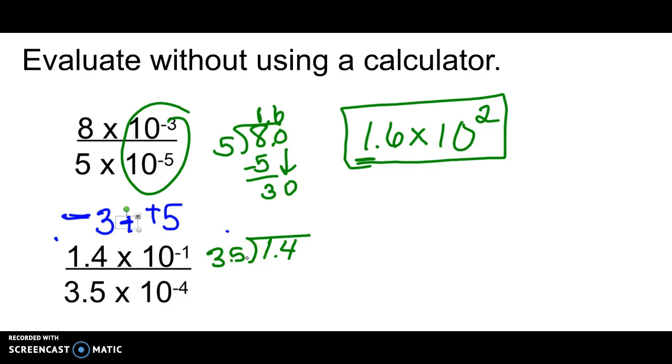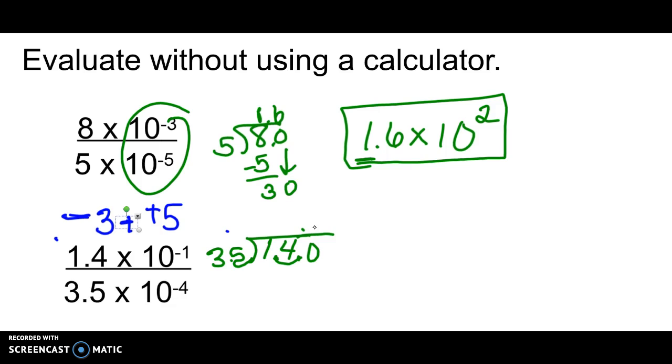You can't take a decimal into a decimal. You have to move it. So move the decimal point over one spot on the outside. You move it over one spot on the inside. So now I'm taking 35 into 14. I cannot take 35 into 14, so I have the decimal point and the 0. Decimal point goes above the house.